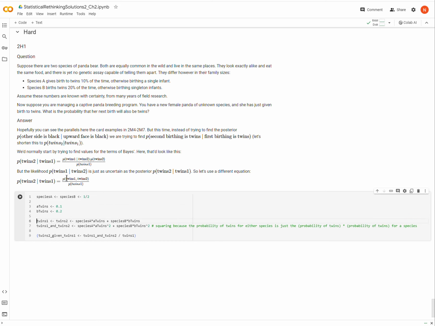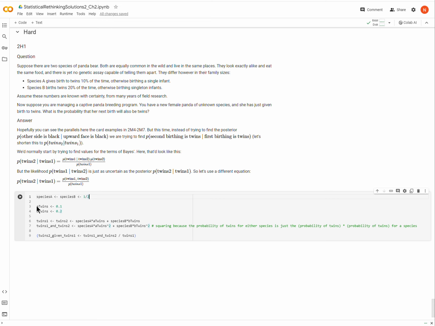So we're first going to figure the joint probability. This is called the joint probability when we have this event and that event. To do that, we need to first lay out a prior probability for the species. So we're assuming that both species are equally likely.